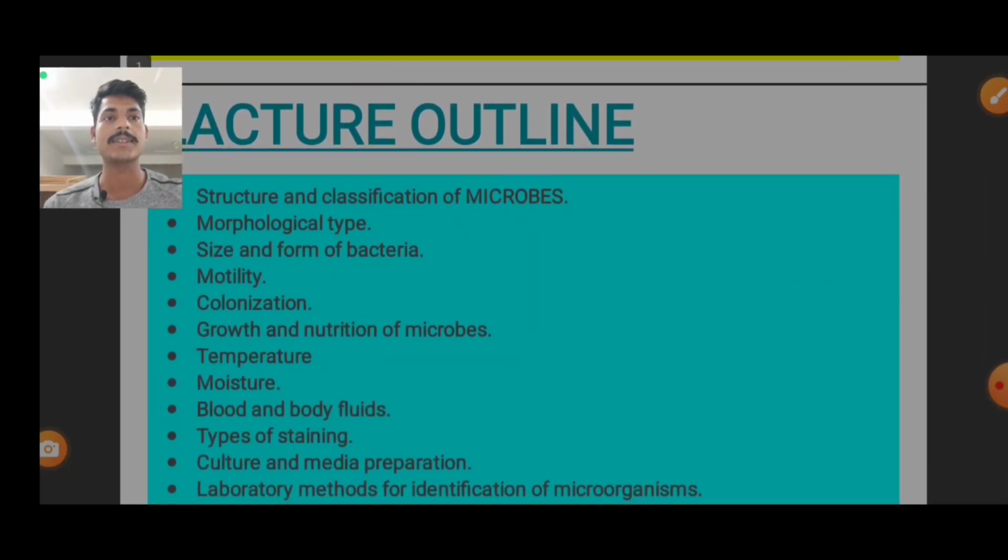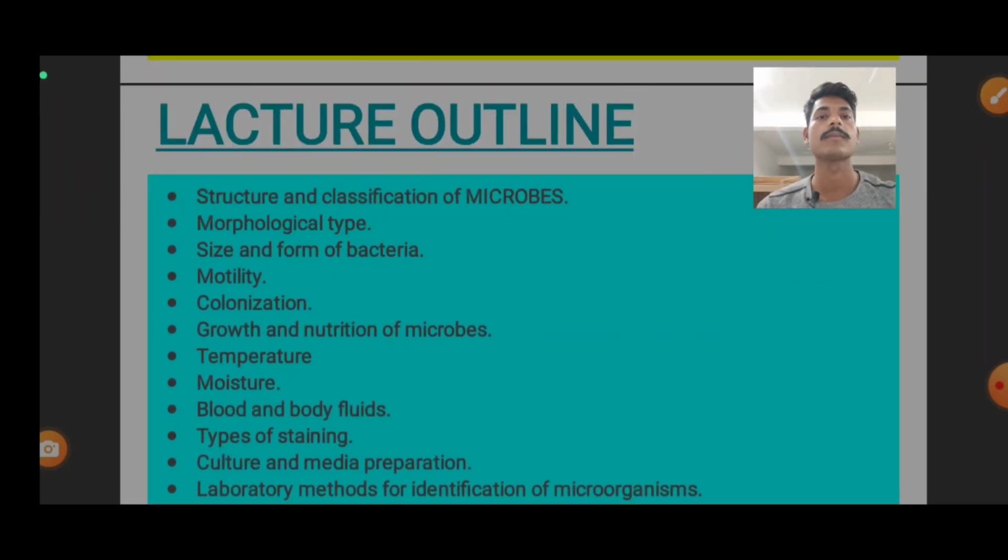See the lecture outline. First we will discuss in this lecture the structure and classification of microbes. Then we will study the micromorphological types, then size and form of bacteria, motility, colonization, growth and nutrition of microbes, temperature, moisture, body blood and their fluids, body fluids.